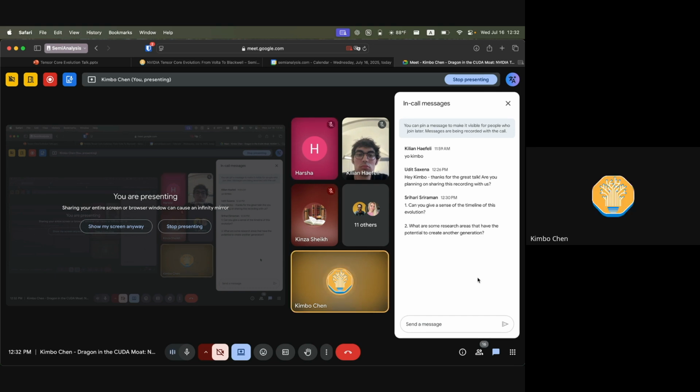Okay, so I see a question: a sense of the timeline of this evolution. Yeah, so Volta started in 2017, Turing 2018, Ampere 2019, and Hopper. I don't remember the numbers off the top of my head, but I think Hopper is around the 2020s, either 2020 or 2022.